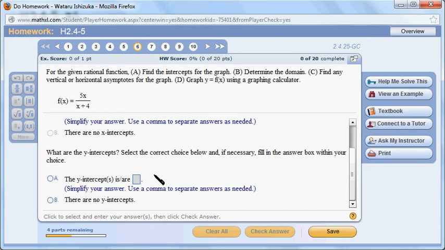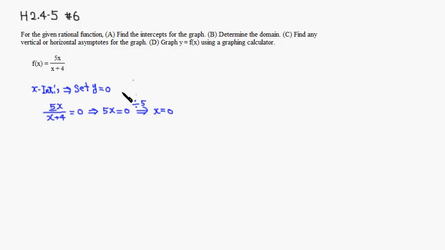Next question. We have to find the y-intercept. If you want to find the y-intercept, then we're going to set x equal to 0, so we just plug in 0 for x.